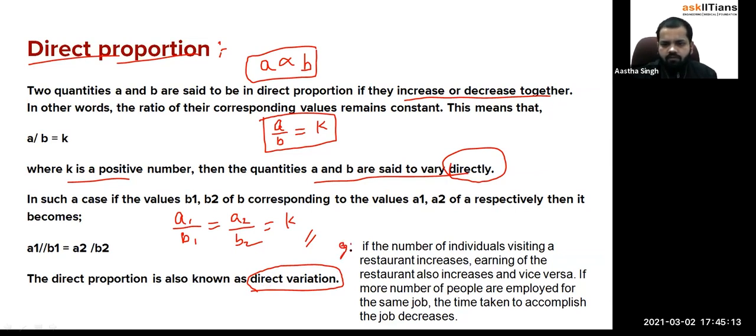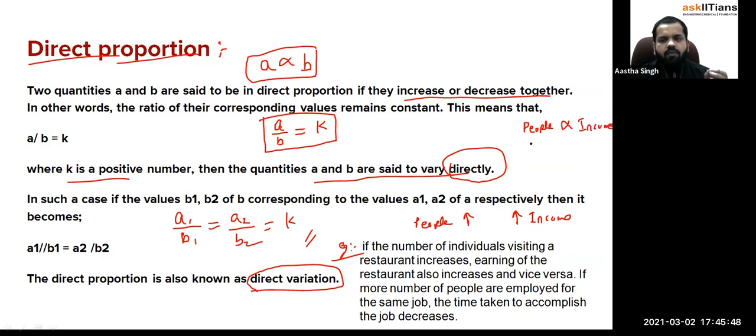For example, if the number of individuals visiting a restaurant increases, suppose you own a restaurant, and in that restaurant the number of people increases. It means your income will also increase, right? So we can say that the number of people is directly proportional to the income of your restaurant.